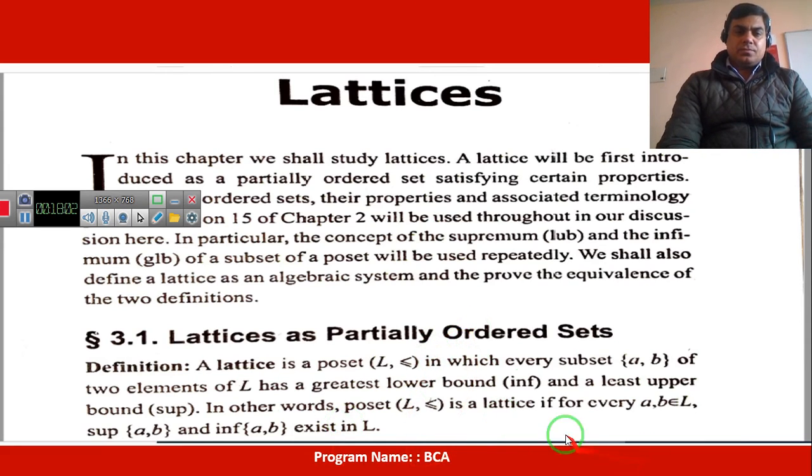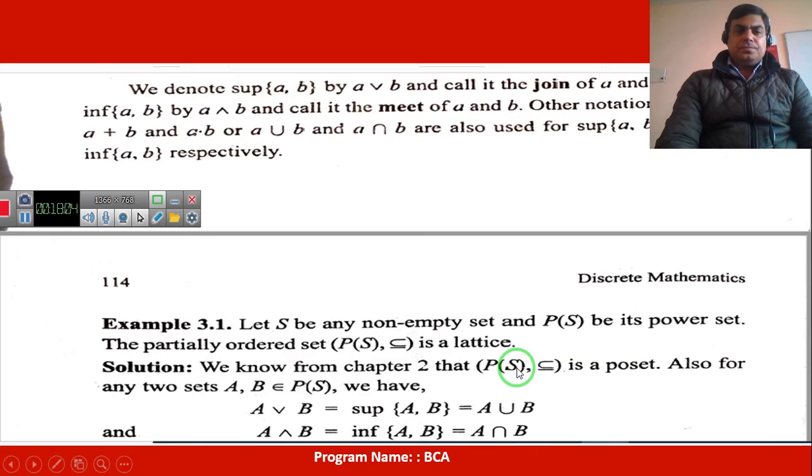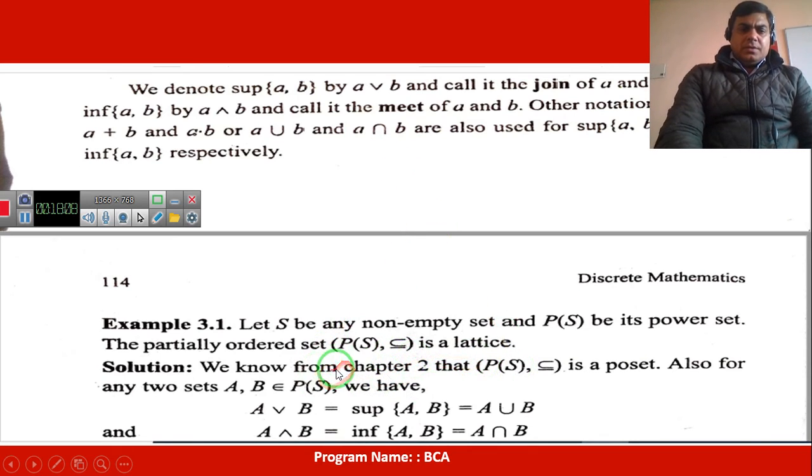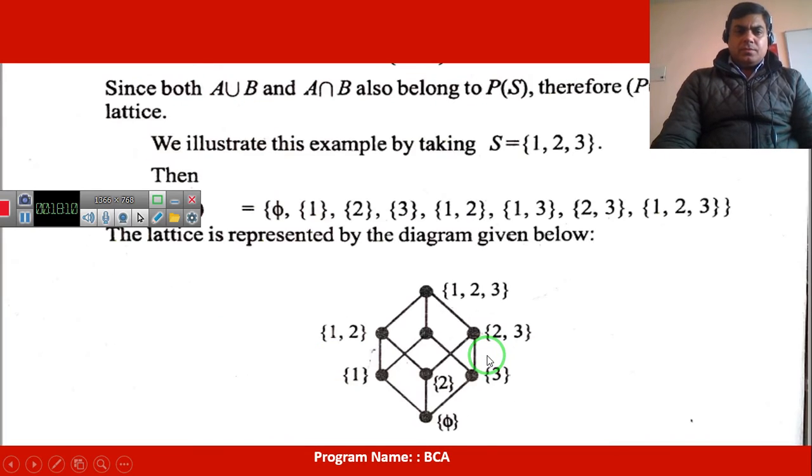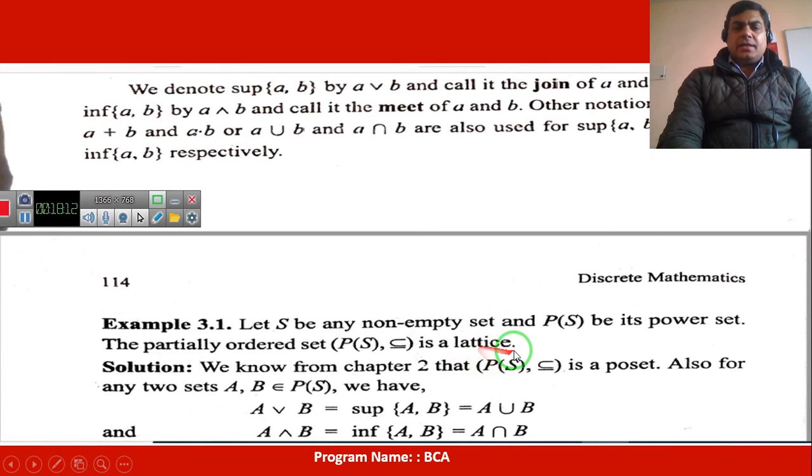Simply, in the diagram we have the set AB, and if we want to find the supremum, just find the union, and for the infimum, just find the intersection.